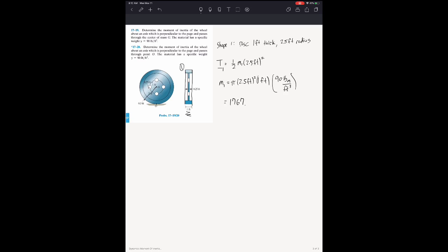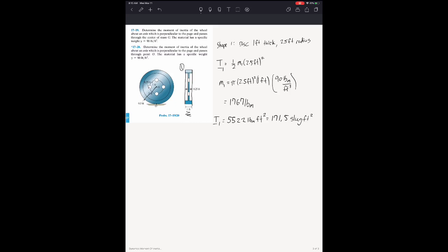This is going to be in pounds mass, which makes the moment of inertia, I1, equal to 1/2 times that times 2.5 squared, equals 5522 pound mass foot squared, which is equal to, converting to slugs, 171.5 slug feet squared. That is not the moment of inertia of the overall shape, just of shape 1.